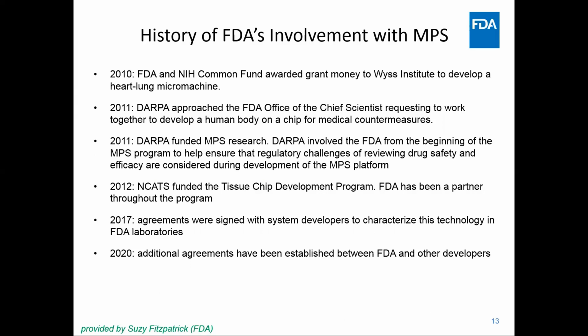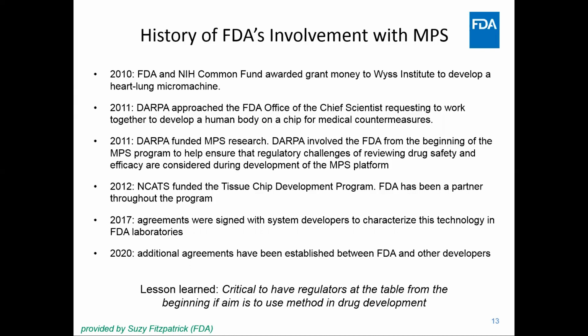And this year, additional agreements have been established, and we anticipate that more agreements will be established for evaluating these systems in different contexts of use. So overall, a lesson that we've learned is that our participation, either as advisors or as active researchers, has been critical to the development of this technology.